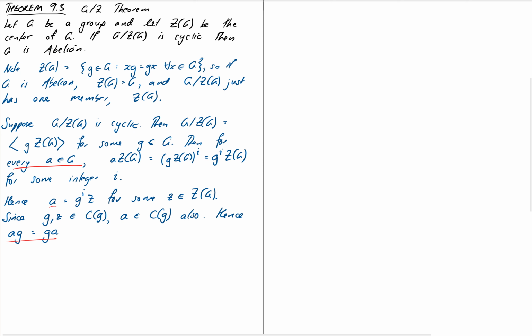Therefore, A is actually a member of our center. Sorry, g is. Hence, g is a member of our center, because no matter what A is, it commutes with g. We've just shown that.